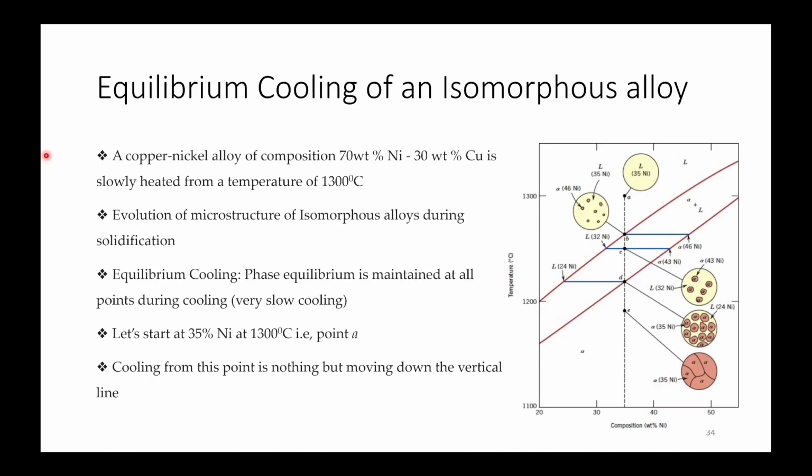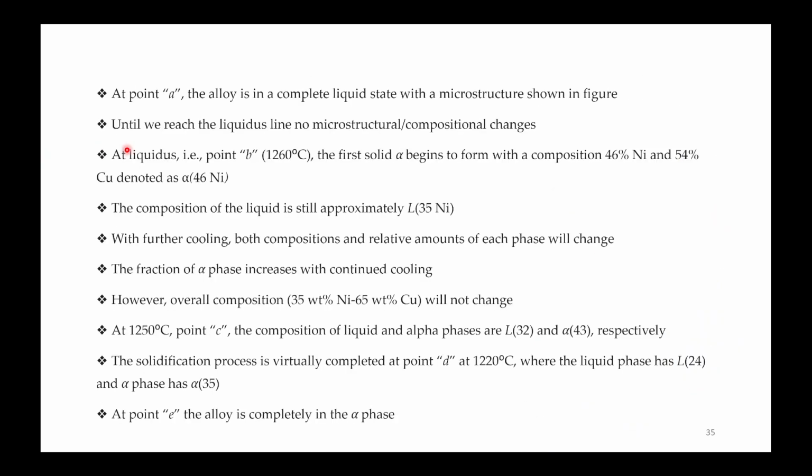And as we go to B, until we reach the liquidus line, no microstructural or compositional changes take place. At liquidus point B, 1260 degrees Celsius, the first solid alpha begins to form with a composition of 46 weight percent nickel, denoted as alpha.